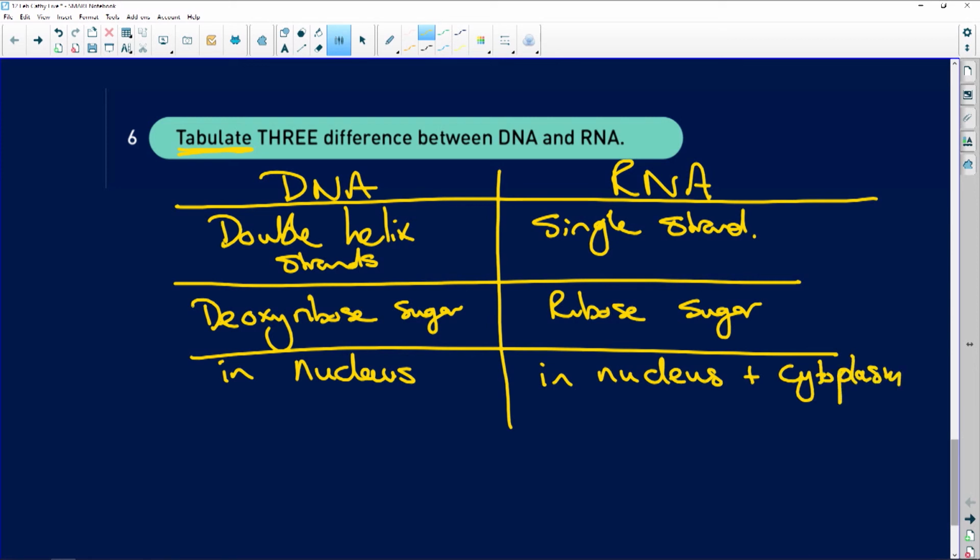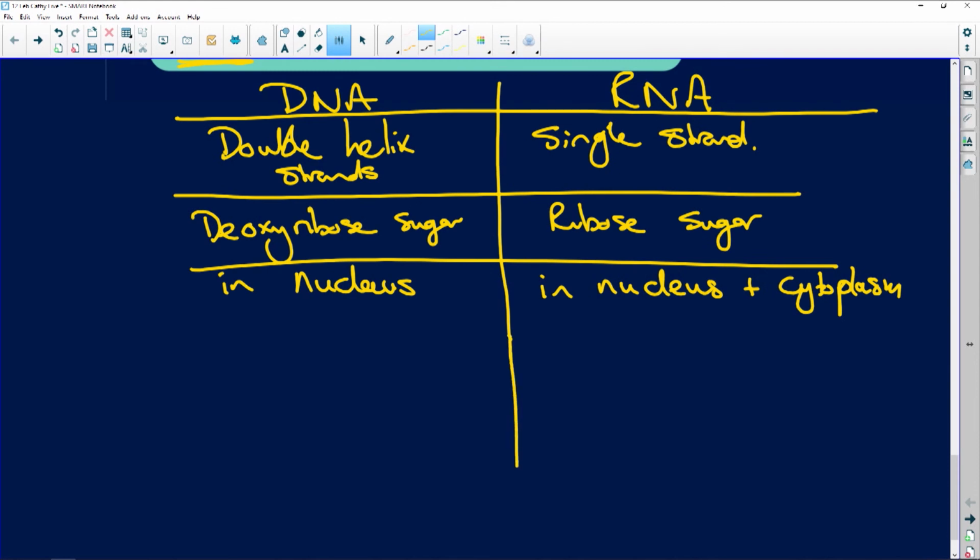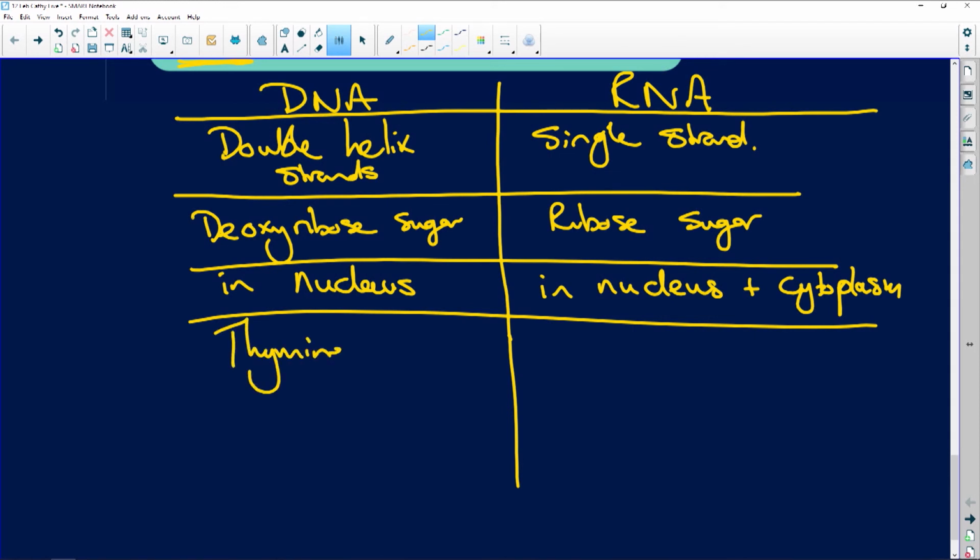Okay, there's 3 easy ones to remember, but I'm going to give you more. DNA, we have thymine base, and remember, RNA has uracil base. So RNA is going to have cytosine, guanine, adenine, and uracil. And DNA will have the same 3, but thymine instead of uracil.